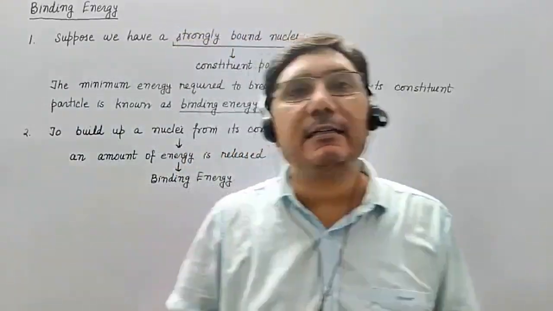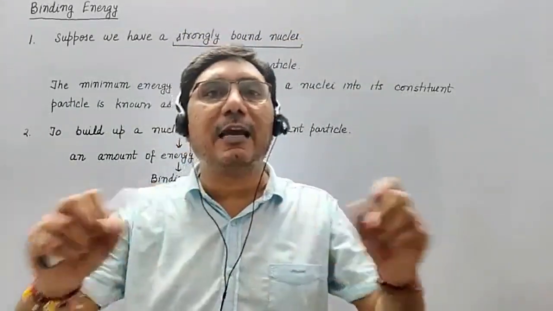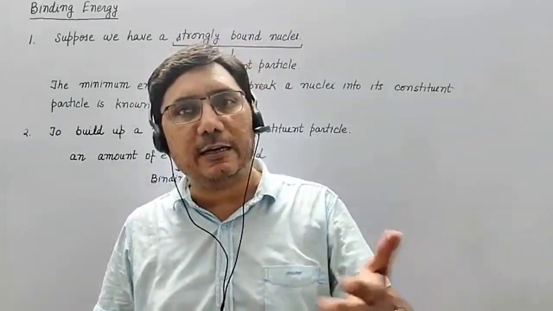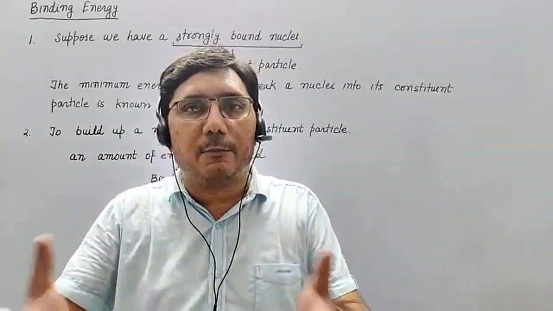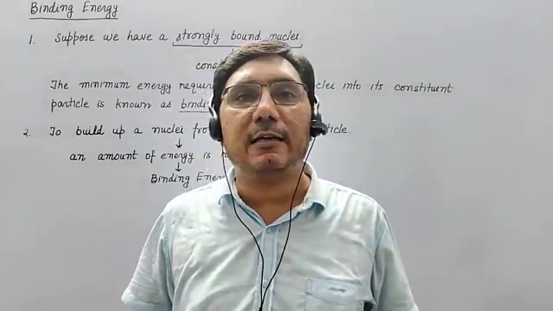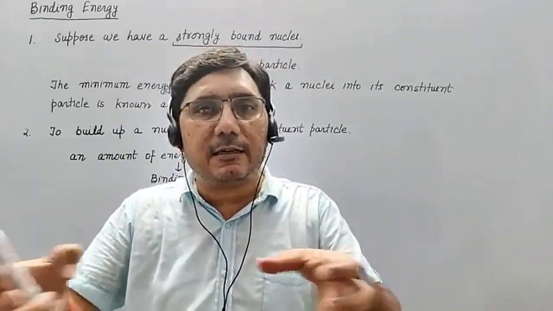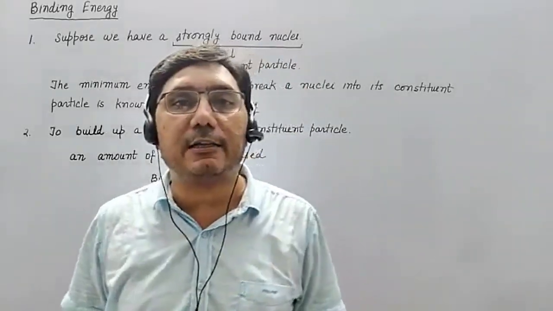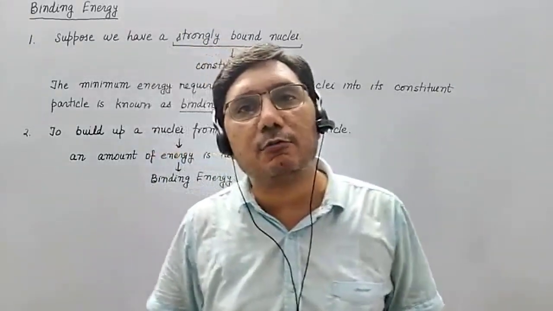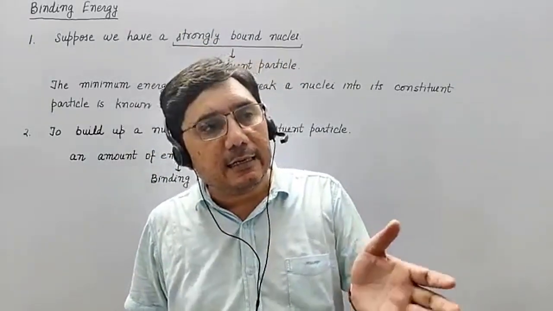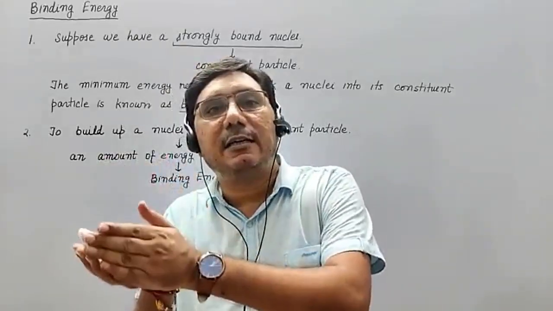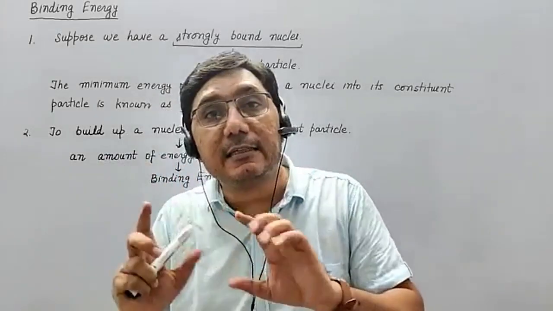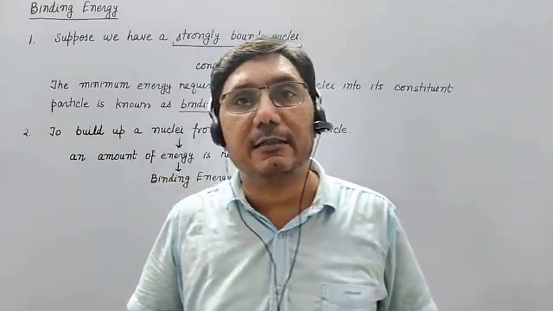We can define binding energy in two ways. Suppose we have Z number of protons and A minus Z number of neutrons, and we want to create a nuclei by bringing these constituent particles together. Then in the creation of the nuclei, some amount of energy is released.